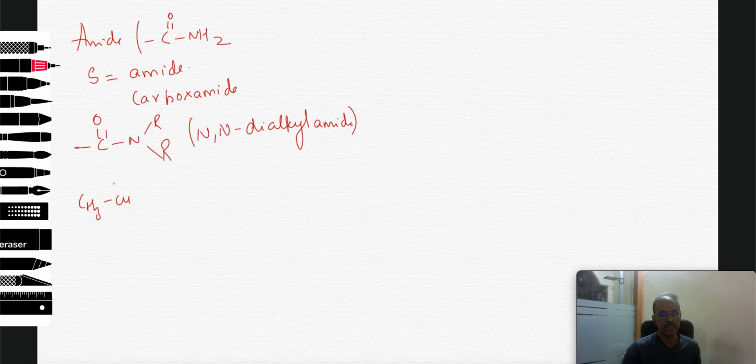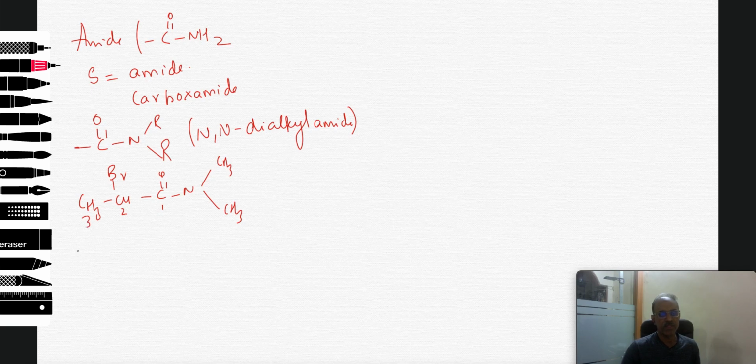Suppose we take it as CH3-CHBr-C=O-N with CH3 and CH3 here. We will start naming from here, 1, 2, 3.